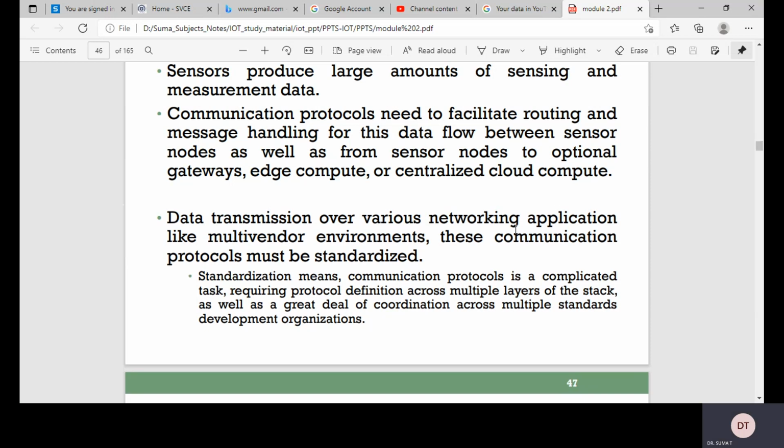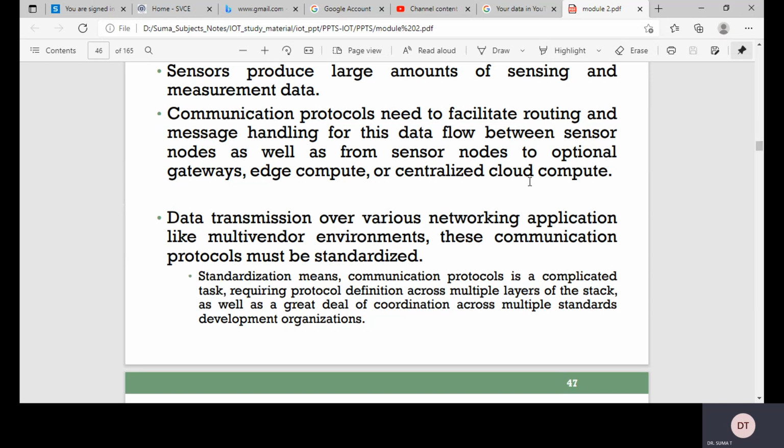Standardization of communication protocols is a complicated task which requires protocol definition across multiple layers of the stack, as well as a great deal of coordination across multiple standards development organizations.